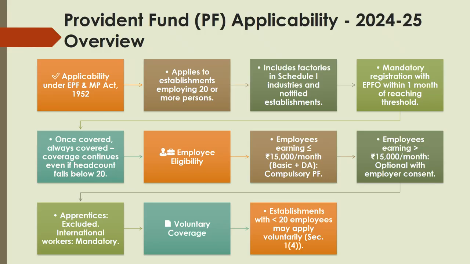It is applicable where there are 20 or more employees, you would be required to do it. It includes factories in Schedule 1 industries and notified establishments. You have to take registration within 1 month from the date your total employees is more than or equal to 20.